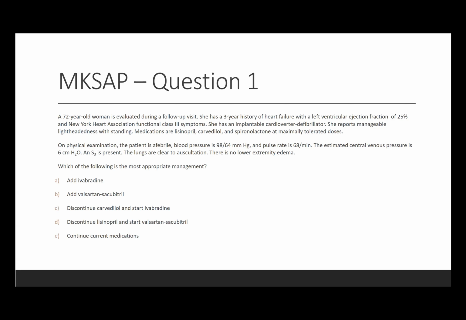Medications are lisinopril, carvedilol, and spironolactone, at maximally tolerated doses. Physical exam: BP 98/64, heart rate 68, CVP of 6, S3 is present, lungs are clear. There is no lower extremity edema. Which of the following is the most appropriate management?